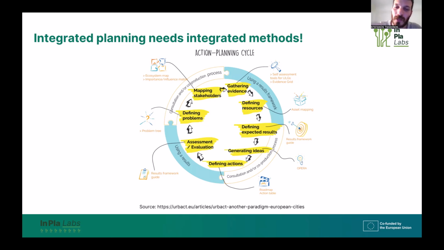So we cannot have a certain point of beginning and a certain point of ending. We can begin and end at different moments and points. We have to see that mapping stakeholders is really important, defining the problems, defining the actions, and also generating ideas and policy measures.